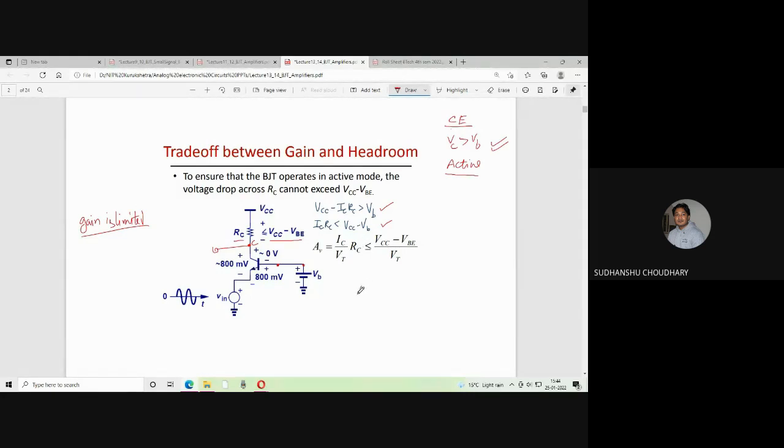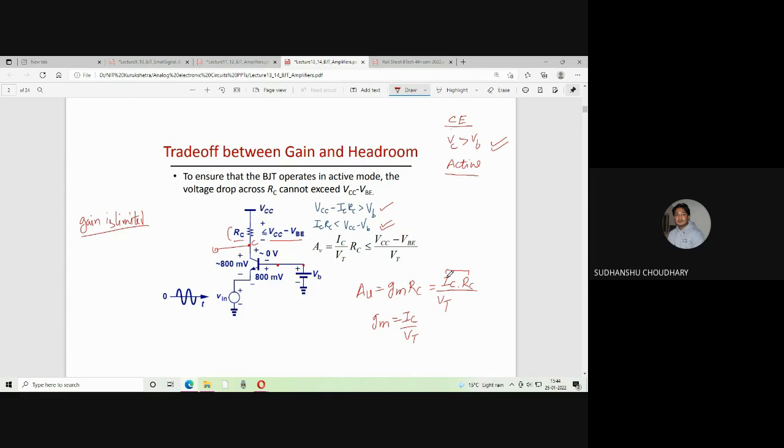Now the gain of this common base configuration we have already written, it is GMRC, and GM is IC by VT. So one can modify this, and this becomes IC by VT multiplied by RC. And ICRC is actually the drop across this resistor, which is also written over here.